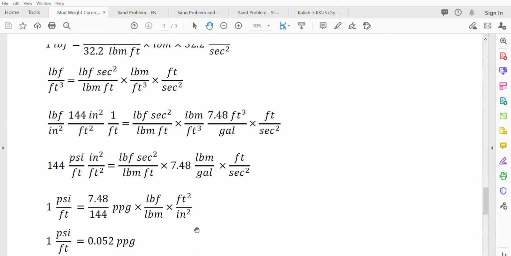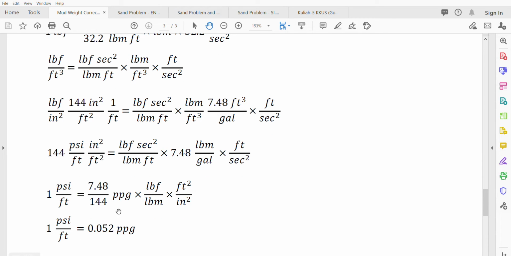So we talk about 1 psi per feet equal to this ppg. Basically we eliminate everything, and this is what we have: 1 psi per feet is equal to 0.052 ppg. Basically this one is a force, this one is a mass: pound force, pound mass.